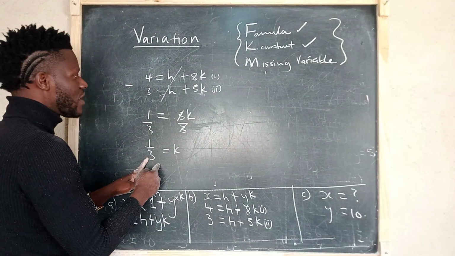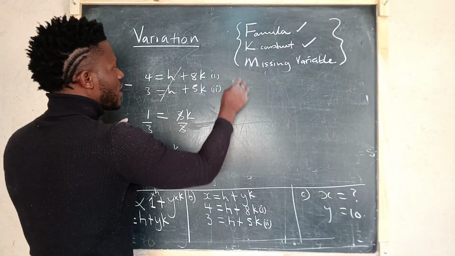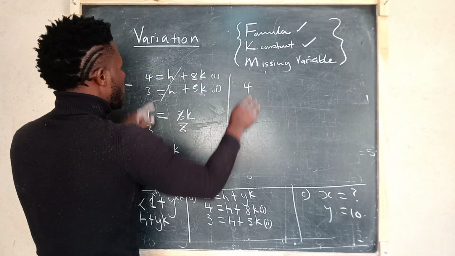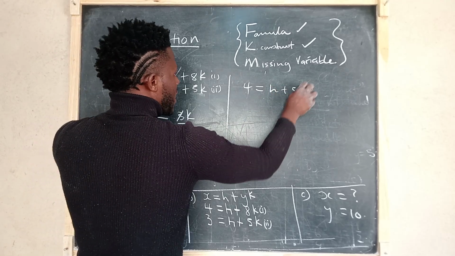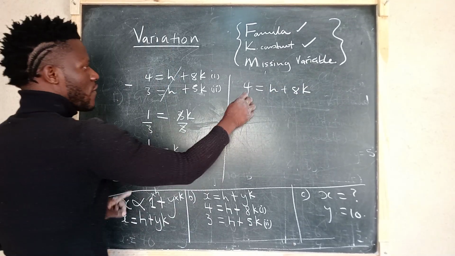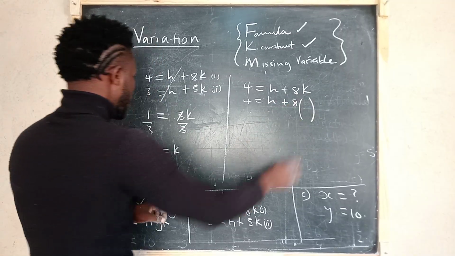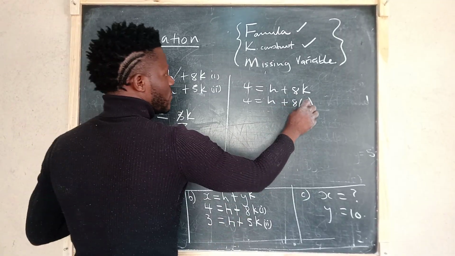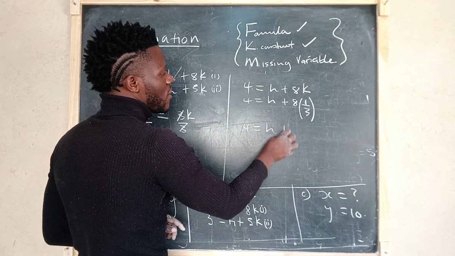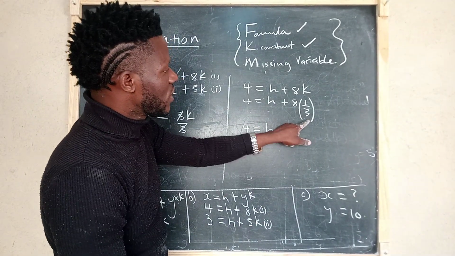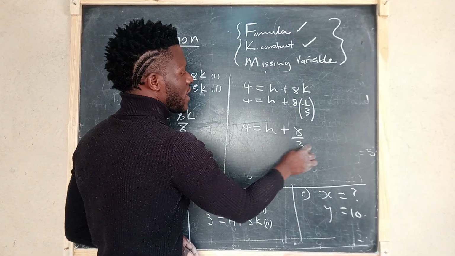Now, since we know the value of k, let's substitute k into one of the equations again, find the value of h. Suppose we take equation number 1, 4 equals to h plus 8k. Now, 4 equals to h. In terms of k, we are writing down 1/3. Then we have an equation 4 equals to h plus, since they cannot reduce, numerators will multiply 8 times 1, 8, denominator 3.